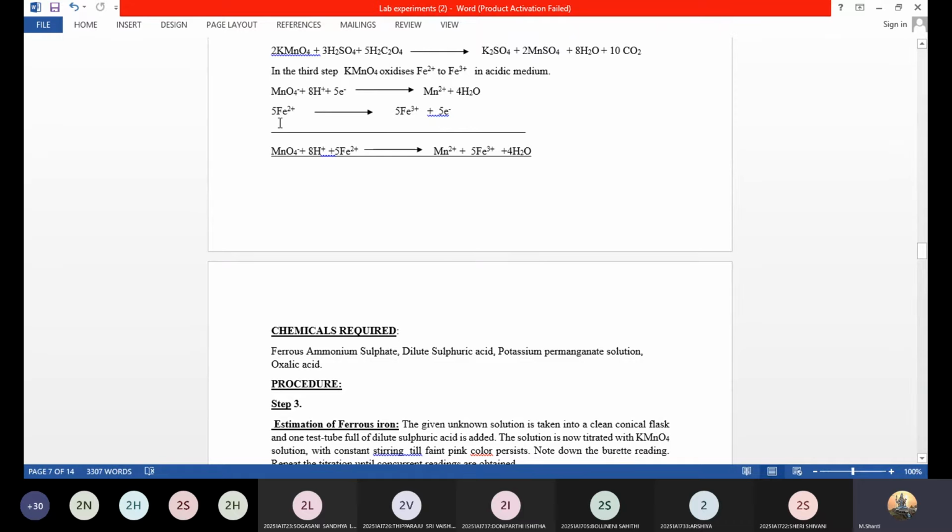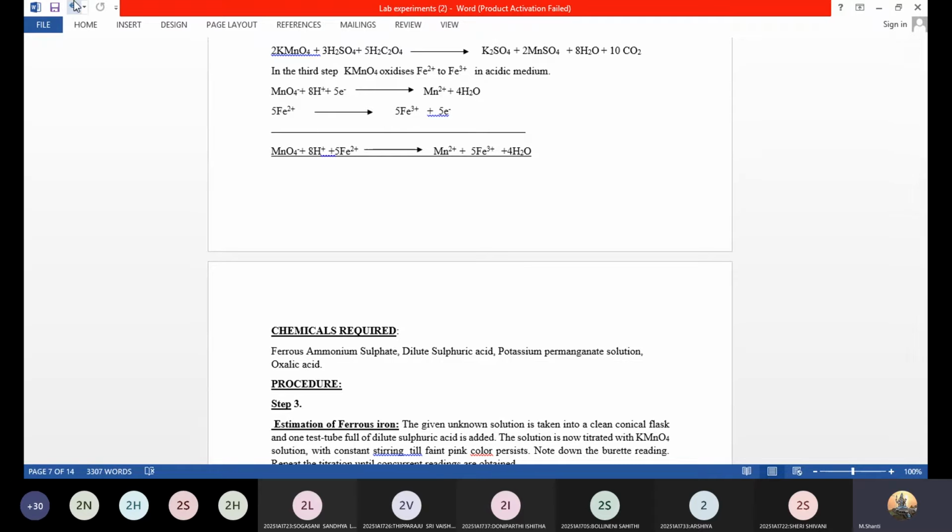Once KMnO4 is converted to Mn2+, there won't be any change in color because Mn2+ is colorless. Only KMnO4 is a colored species, whereas Mn2+ is colorless.